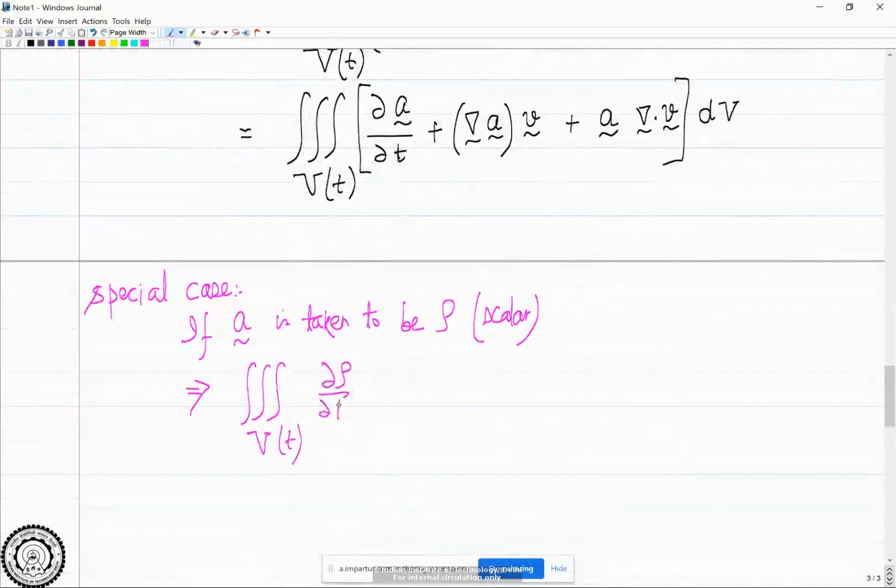Del rho by del t plus gradient of rho dot v plus rho divergence of v, dV, and this is equal to 0, right? To begin with it was 0, so this will also be 0.